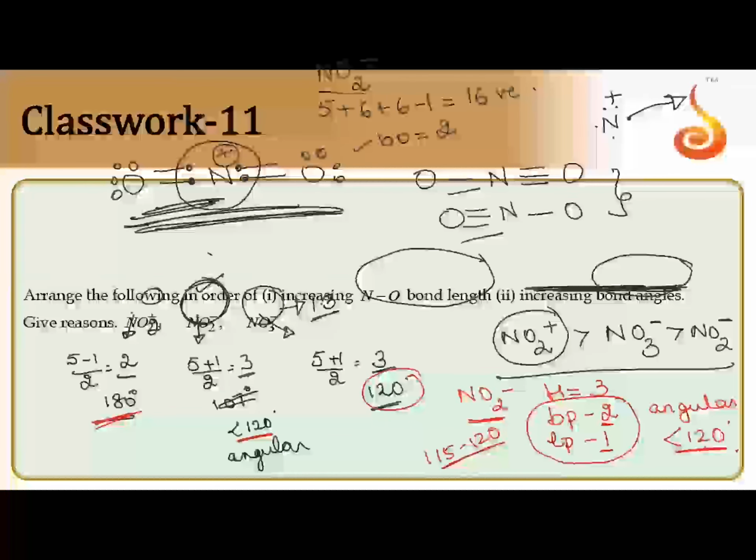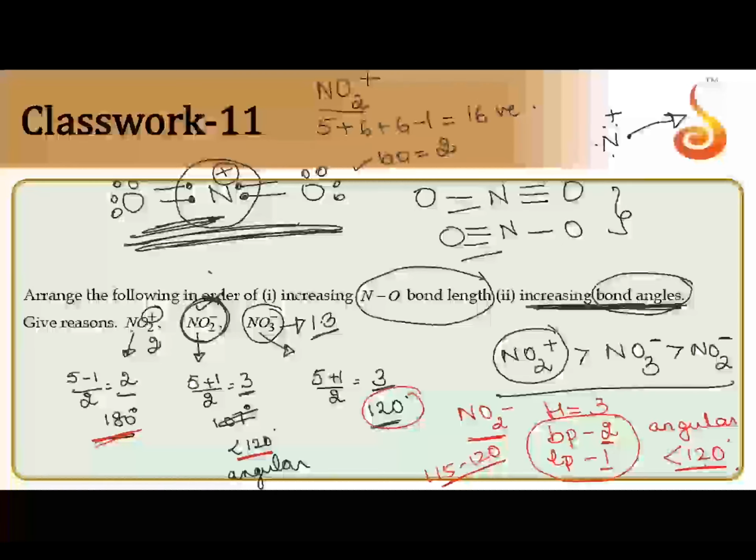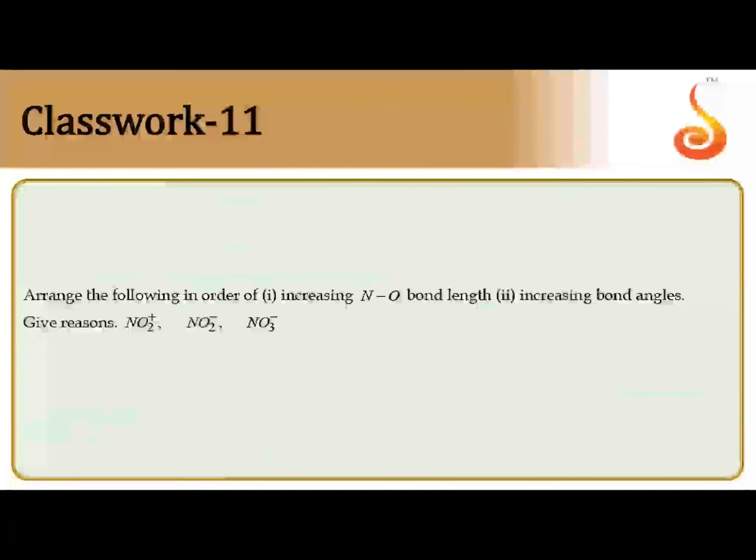Okay, children, what happened to our last compound here? What did you get the bond order as for NO2 minus? I'll clear this. Once again, I'll explain and draw in case you're confused. NO2 minus. So 5 valence electrons plus 6 plus 6 plus 1, 18. Taking nitrogen and putting oxygen.